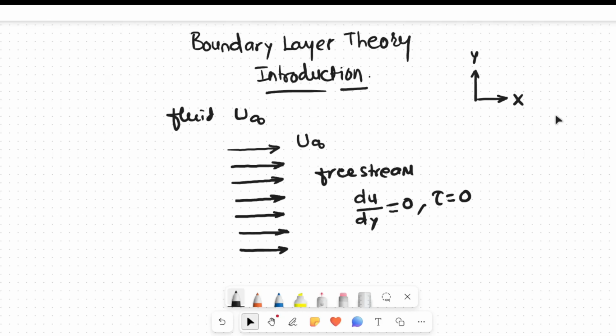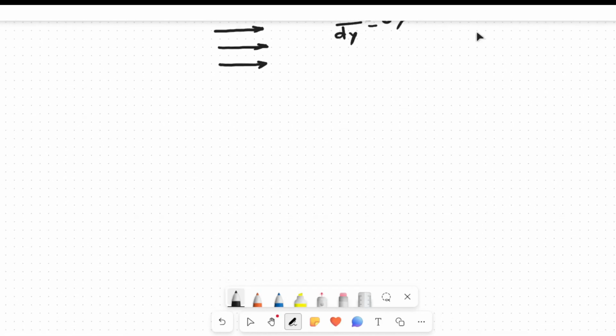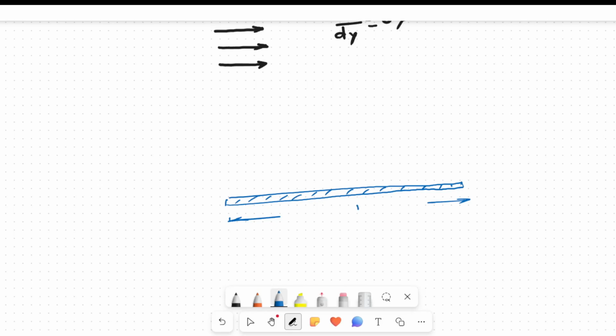Now let us say, suppose there is a horizontal plate in the direction of the fluid flow. Suppose this is a solid plate of certain length, and capital L is the length of the plate.